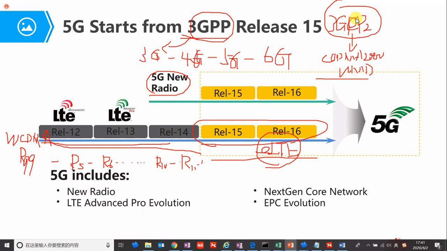So they just upgrade the software in the older 4G base station, and we call it eLTE. It can also meet the 5G requirement, and use the EPC, 4G core network, like this one.